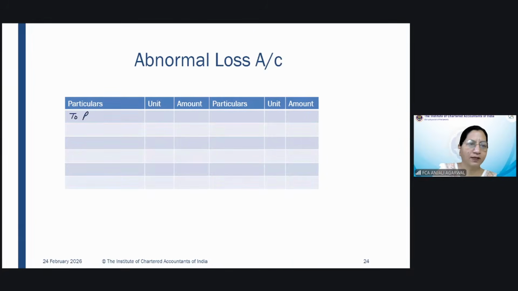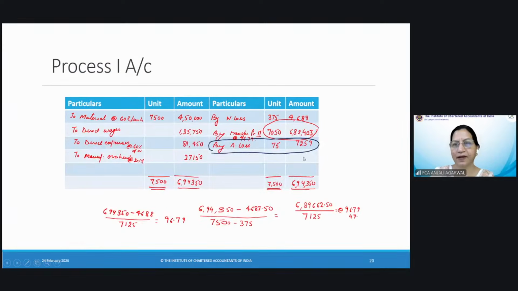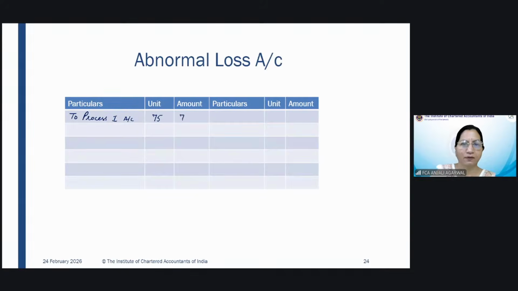To process one account, 75 units at 7259, right?